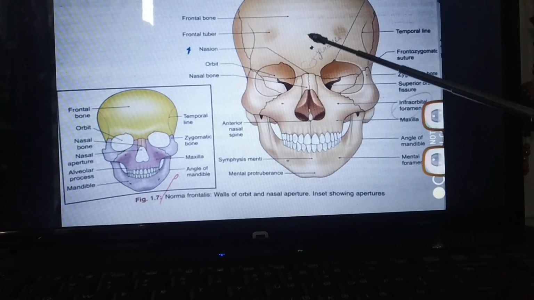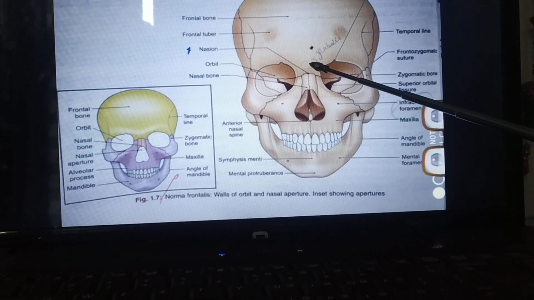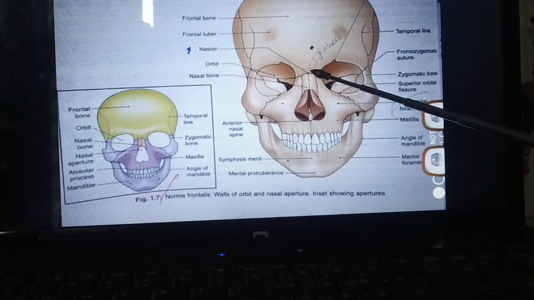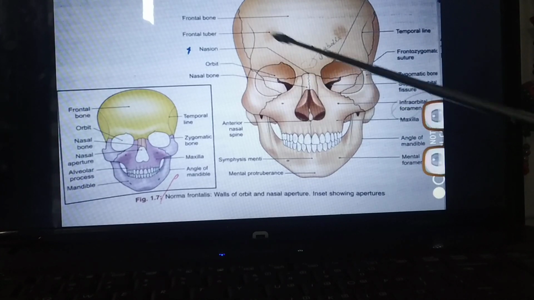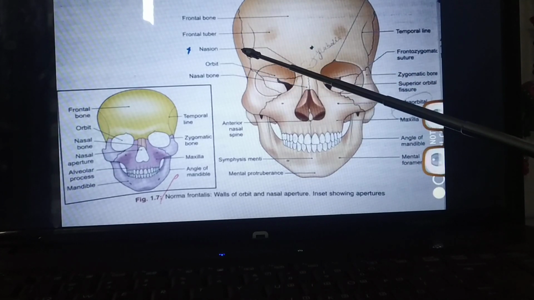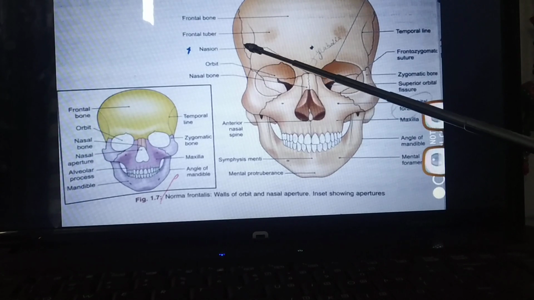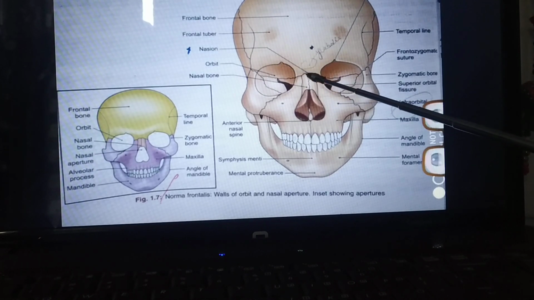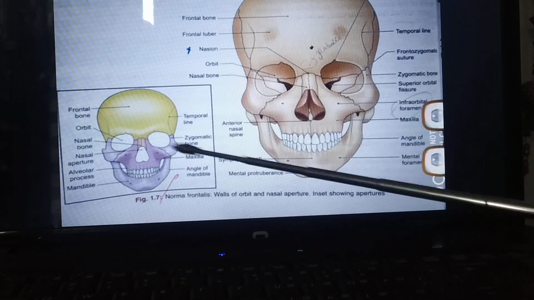After that, when we come straight down, this midpoint at the suture is called nasion. This is a very important point, nasion, which we generally use in ortho for many measurements.